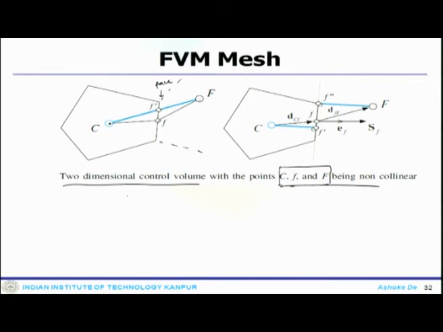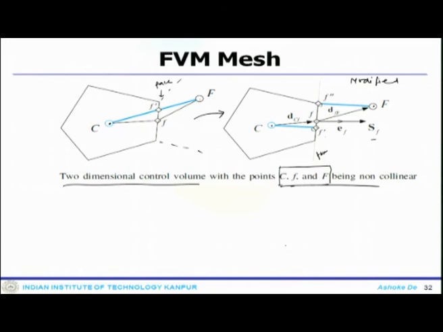A slightly modified system could be this one, from this to this. This is a modified option. You have these points, so you find a normal to that, f double prime. You have a cell center here, you find a normal to that, f prime. You have this face center which is small f. From f, you connect to the center of the neighbor element, which is dFf, and the center with C, dCf, and there will be a normal vector, which is the surface vector Ef.